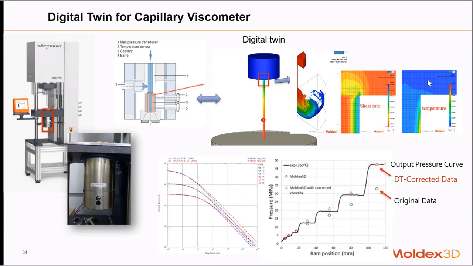So in reality, your measurement temperature is not your specified temperature. So by this kind of simulation, we can go back to correct the data.